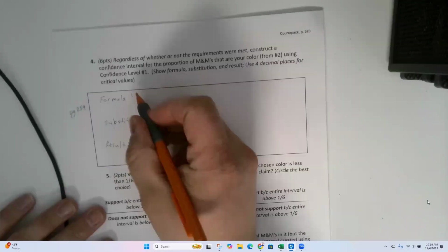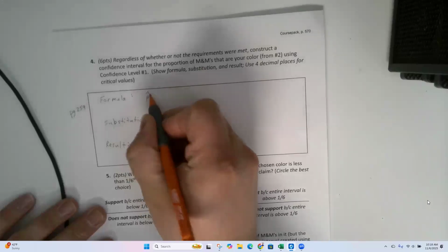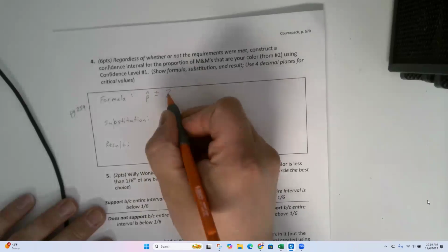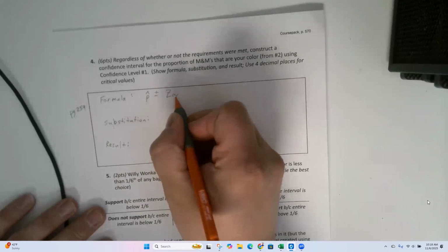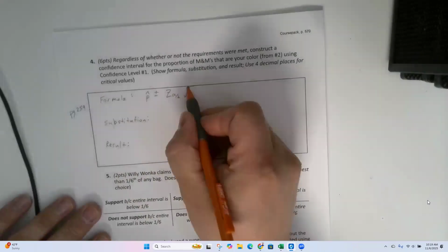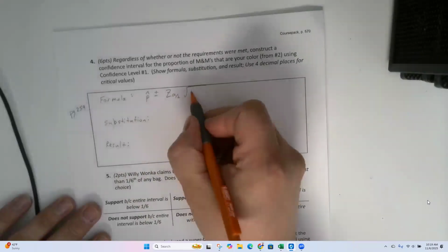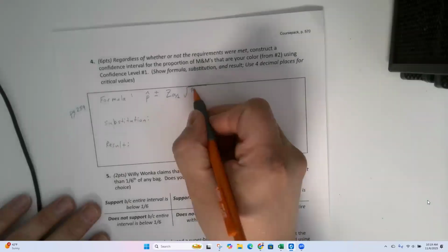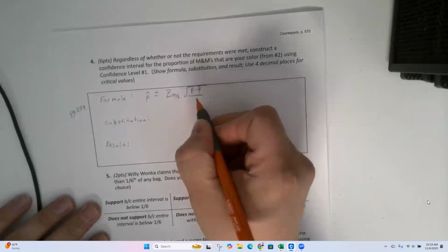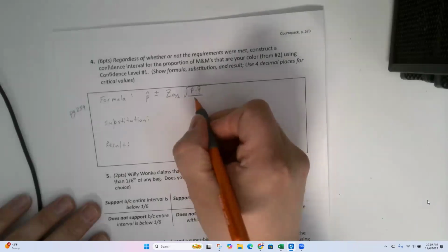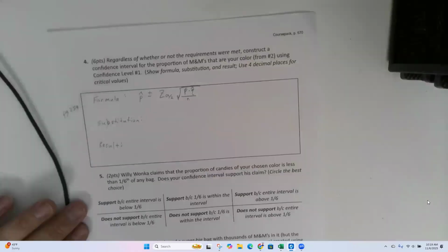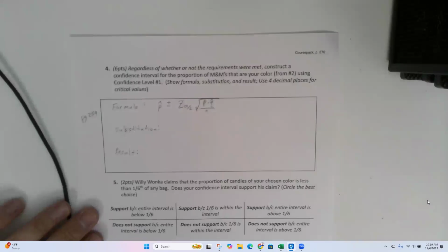So it is p hat plus or minus this crazy thing, z alpha over 2. What the heck is that, right? And then the square root of p hat times q hat over n. All right, that's our formula.